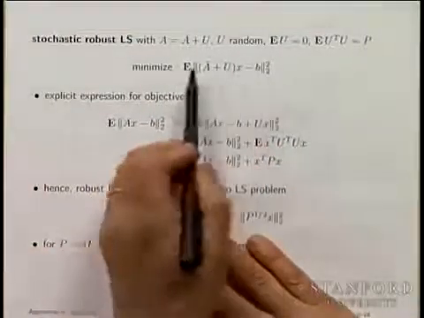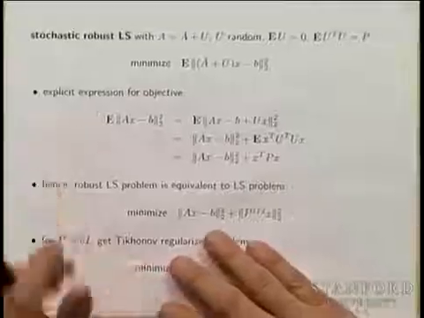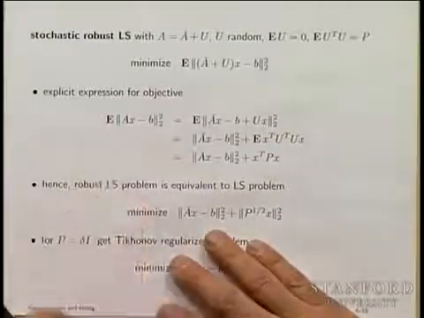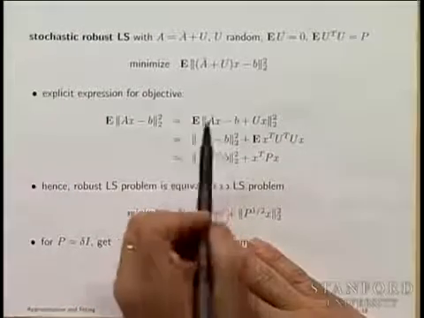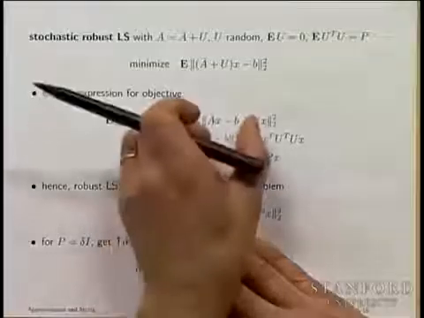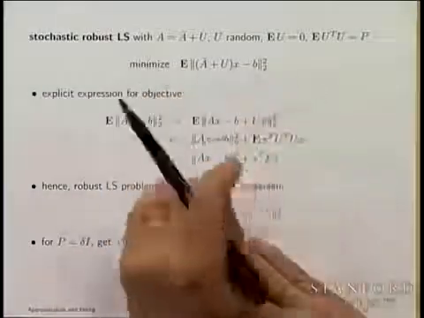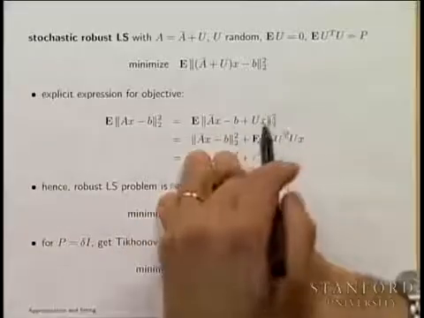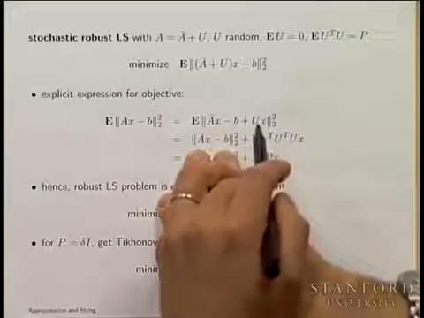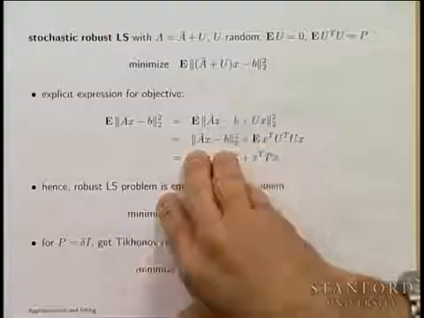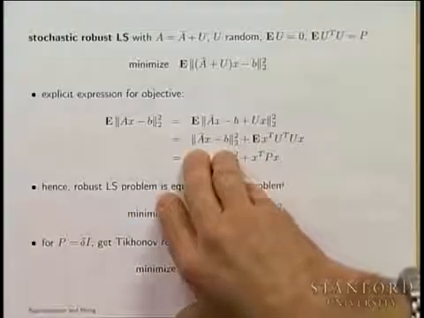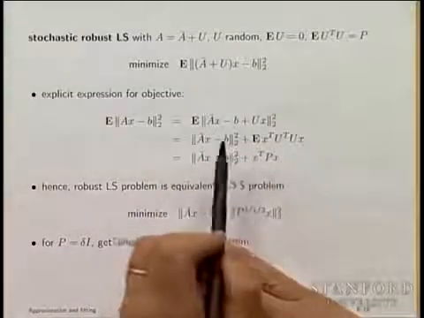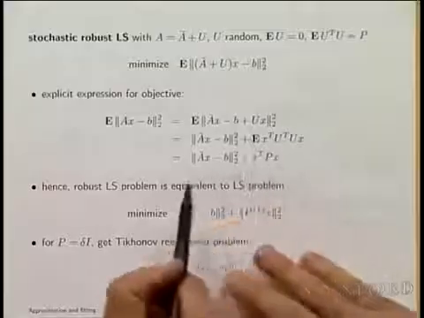If you want to minimize the expected norm squared of this, you just work out what it is, it's just algebra, which I won't even do. But if you expand this and multiply it out, you get this. There's a cross term, which is 2 times the expected value of UX transpose times this, but the expected value of U is 0. So this cross term goes away, and the expectation goes inside, and you get that.